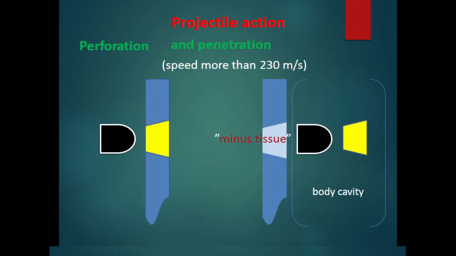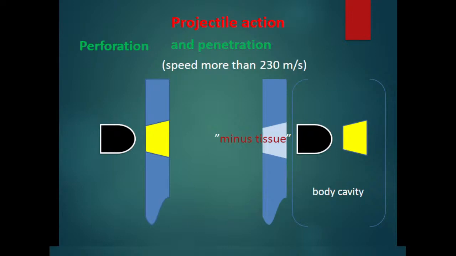Another type of projectile action is perforation and penetration. This is penetration into the tissues. This is what we can see when the bullet punctures the skin. We see the so-called minus tissue defect. Over here in this picture, the yellow fragment is hit by the bullet and it is gone, it is absent.